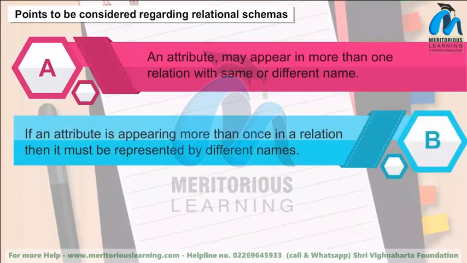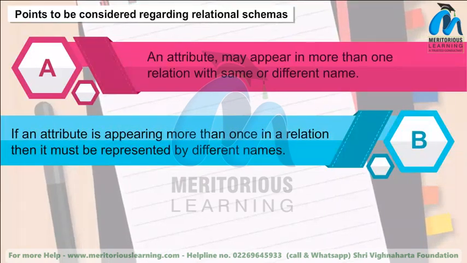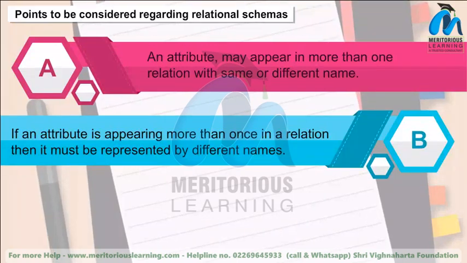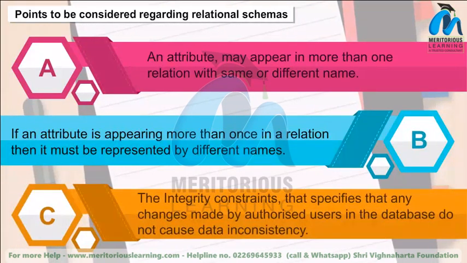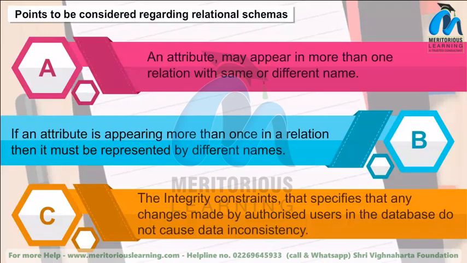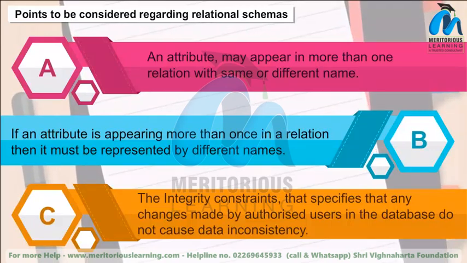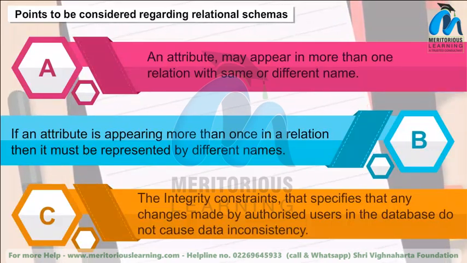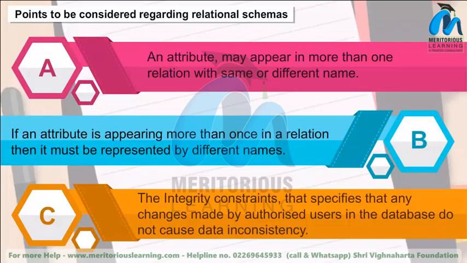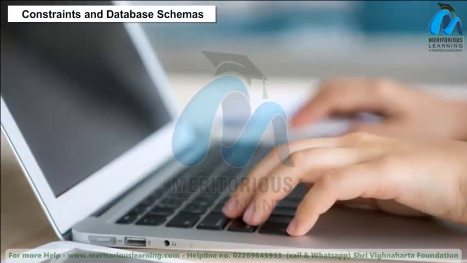B. If an attribute appears more than once in a relation, then it must be represented by different names. C. The integrity constraints specify that any changes made by authorized users in the database do not cause data inconsistency.